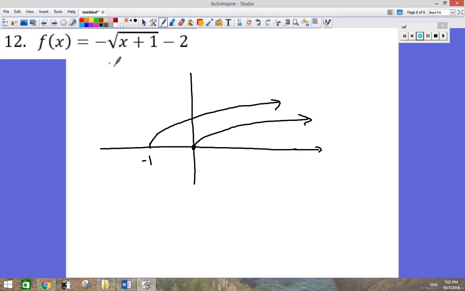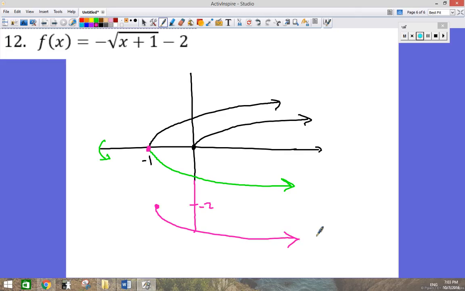The negative sign reflects across the x-axis, so it's a mirror image. It's now looking like that. It's reflected across the x-axis. And now this green goes down 2 units, so it goes down here to negative 2, and this point comes down and it looks like this.